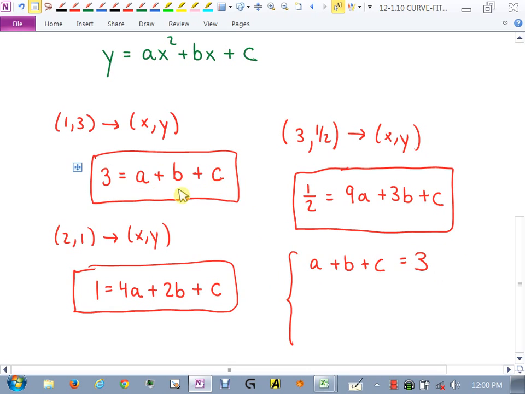I'm just rearranging this, putting the number on the other side. 4a plus 2b plus c equals 1. And then finally, 9a plus 3b plus c equals 1/2. You all with me?